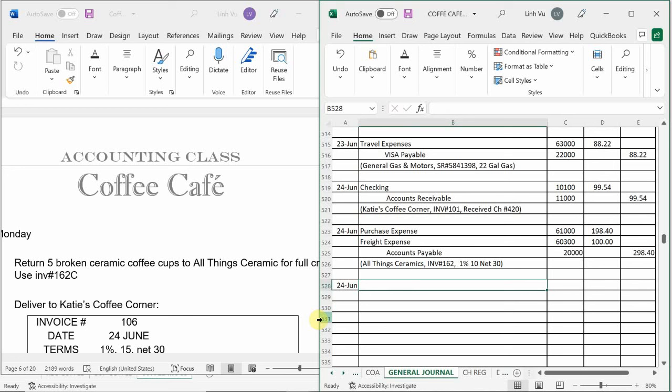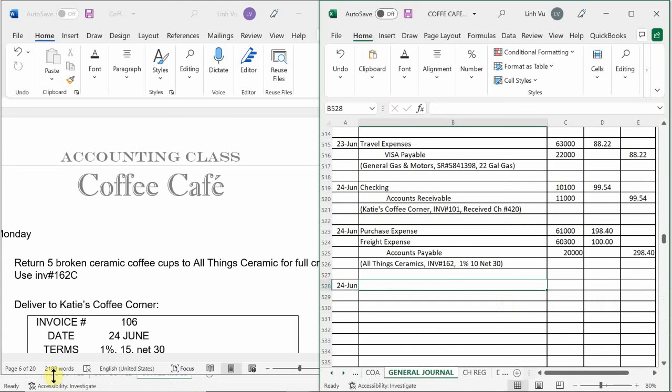So in this case, how do I journalize this transaction? It would be the return and allowance. Which one, sales or purchase? Sales. Did I make a sale or did I buy inventory? Oh, purchase. It'd be a purchase returns and allowance, okay?